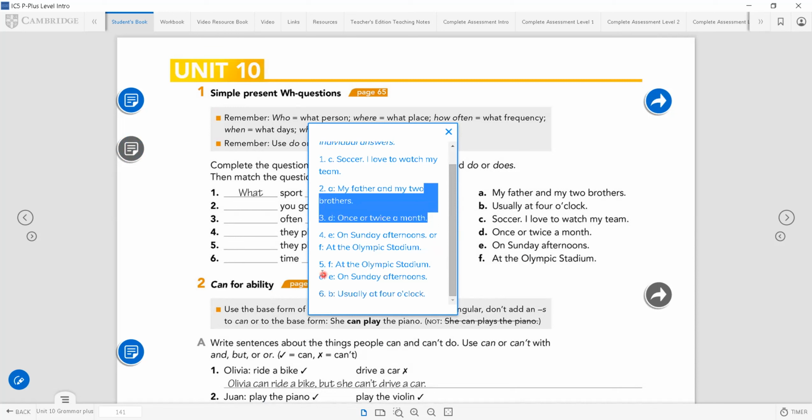Number 5, at the Olympic Stadium or on Sunday afternoon. Number 6, letter B. Usually at 4 o'clock. These are the answers.